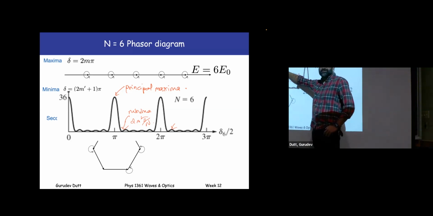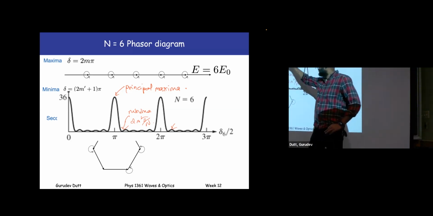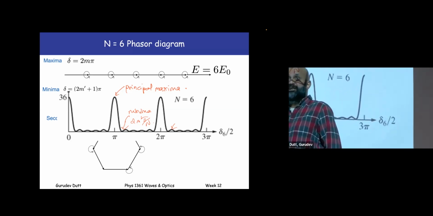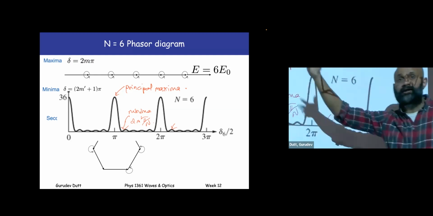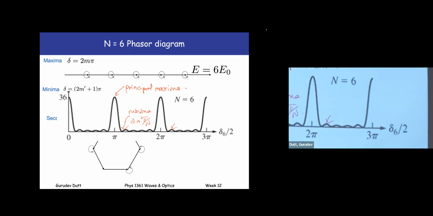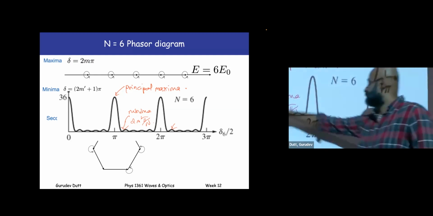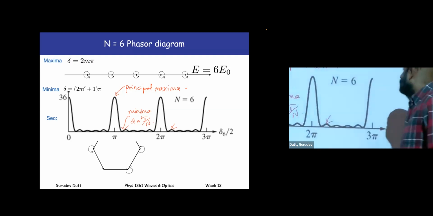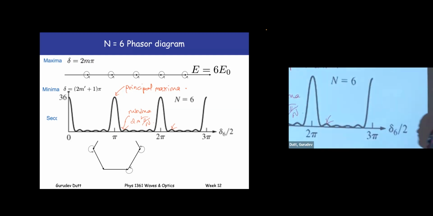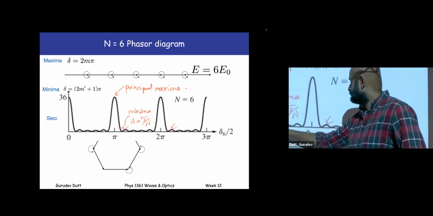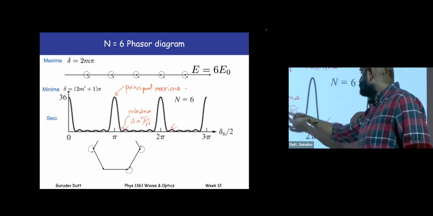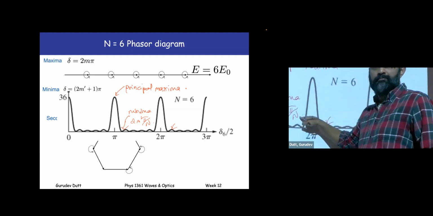So that's what we call a principal maxima. Principal because it's so much stronger. It's 36 times the intensity, n squared times the intensity of any one source. So those are the principal maxima, really bright spots. We already derived the minima. Those are these minima over here, and those are 2m prime pi divided by n.